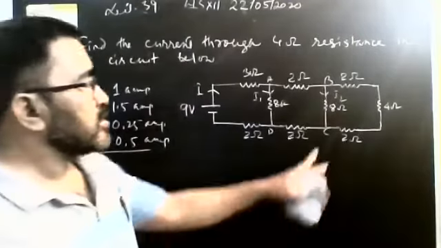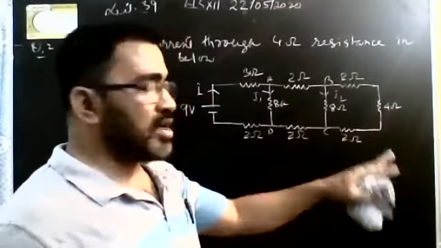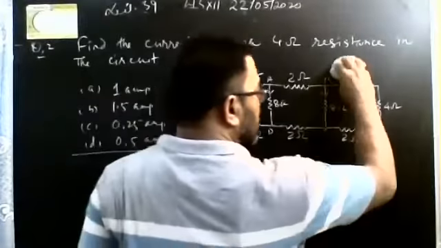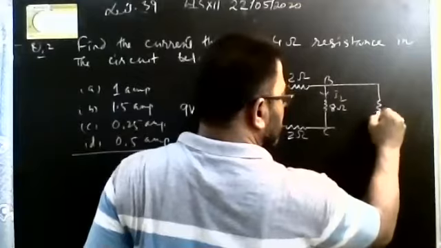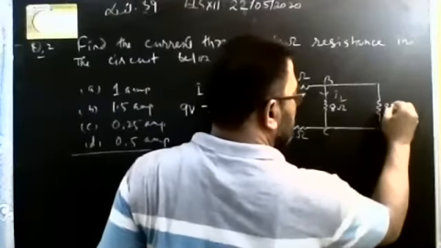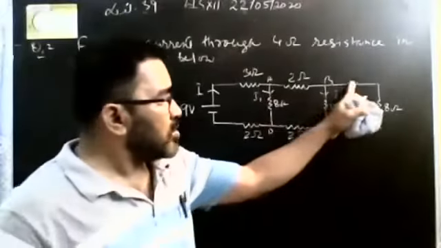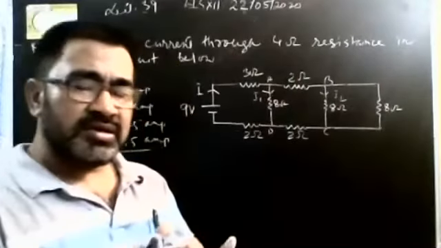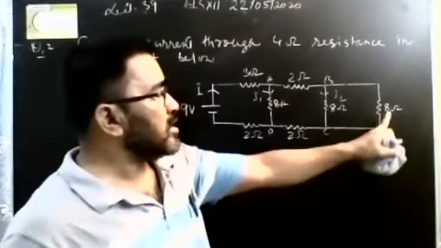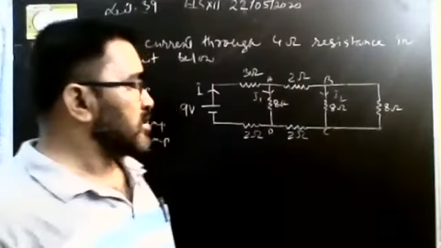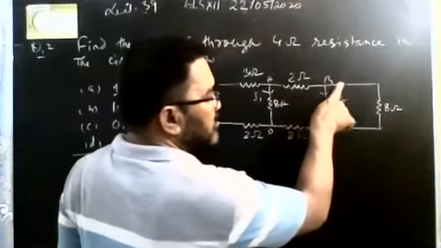How much will it be? 2, 4, 2, it will be 8. So all these series resistors are connected to get the equivalent resistance 8 ohm.